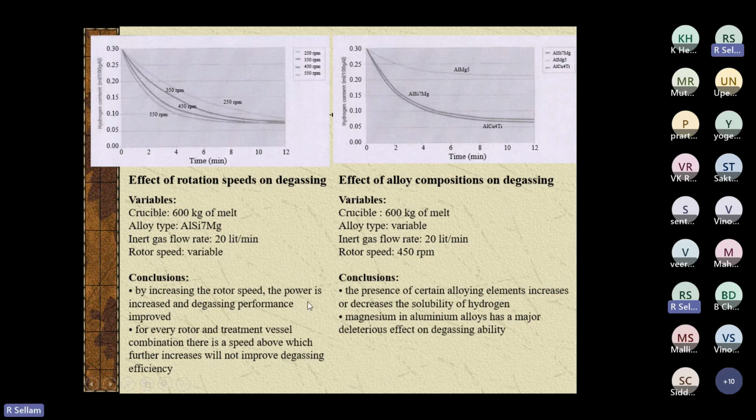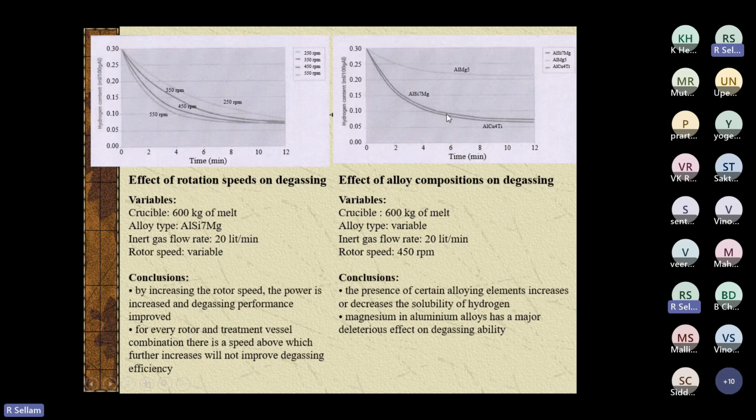By increasing rotation speed, the power is increased and degassing performance improves. For every rotor and treatment vessel combination, there is a speed above which a further increase will not improve the degassing efficiency. So we have to restrict the time of degassing, purging, and flow of gas.